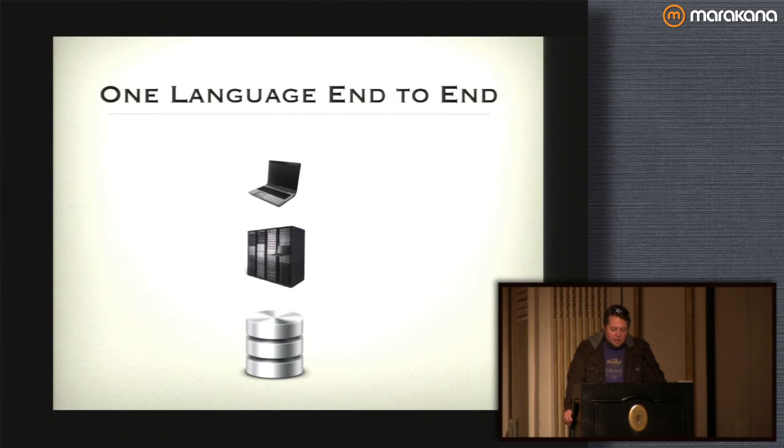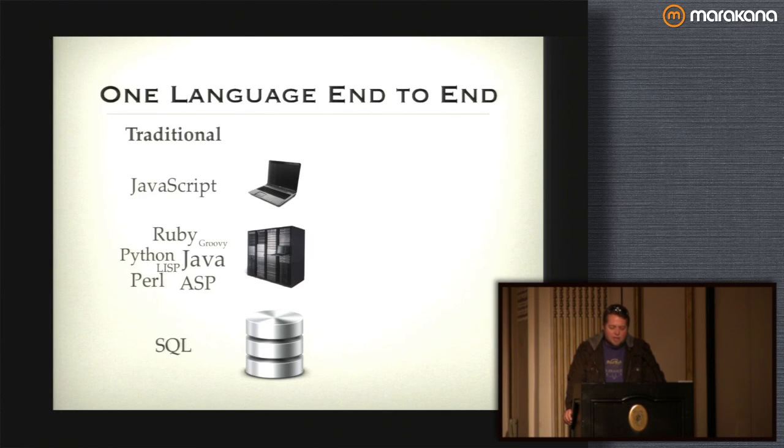Another huge benefit of single-page applications, especially the kind we've outlined in the book, is that you can use one language end-to-end. In your traditional application, on the client side, you've got JavaScript. On the server side, you've got Ruby, Groovy, Python, Java, Lisp, Perl, ASP, or something else. And then when working with the database, you have to work with SQL. And then you've got all the libraries and plugins and things associated with each language. You have different ways of thinking associated with each stack.